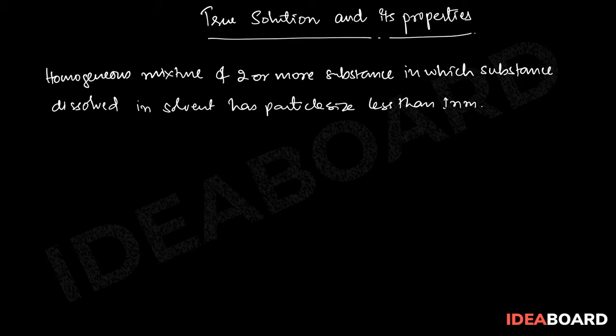That means the particles are not visible, and they also do not settle down. So as they do not settle, we can expect that it is a completely clear solution.